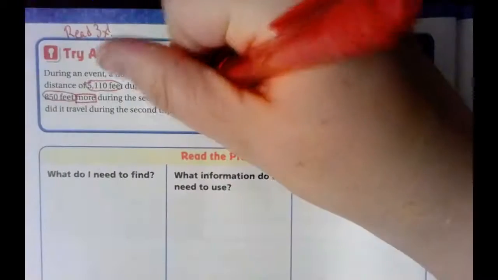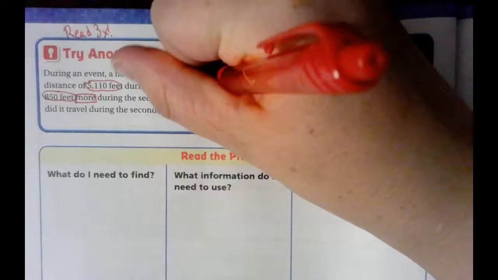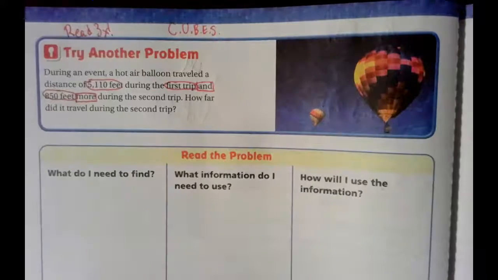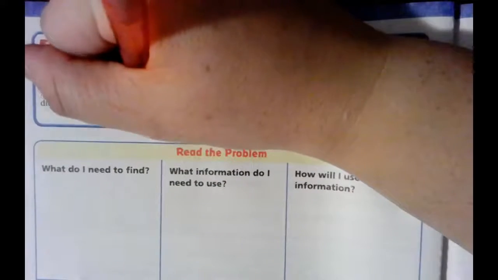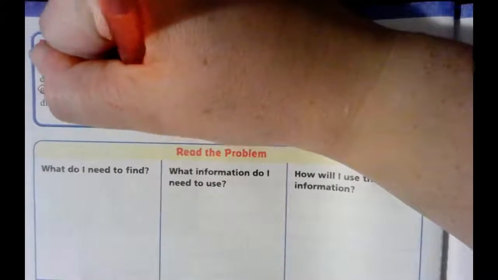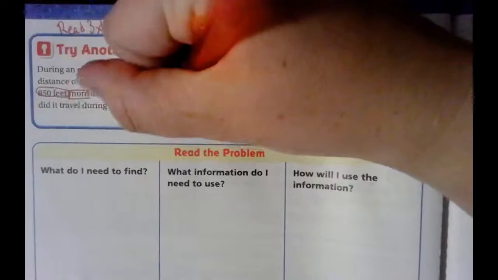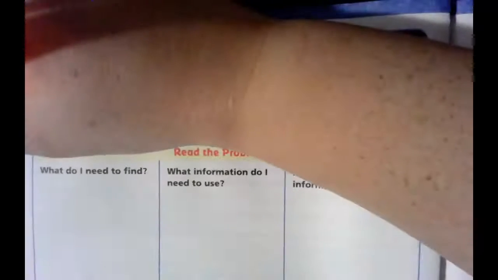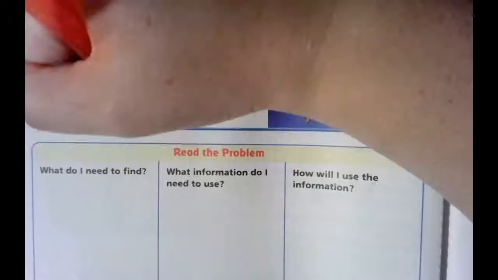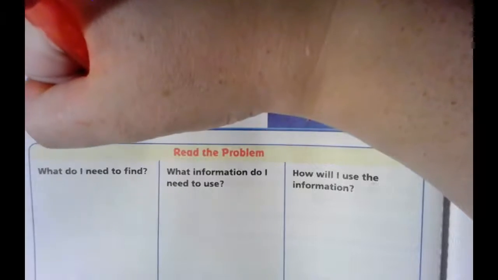Okay, because we have the word more and I have the word and right before it. And is also a keyword, so we're going to box both of those. Okay. During the second trip, we forgot to circle that one. How far did it travel during the second trip? There's our question, so we need to underline it. And it's talking about the second trip, so we need to circle it.